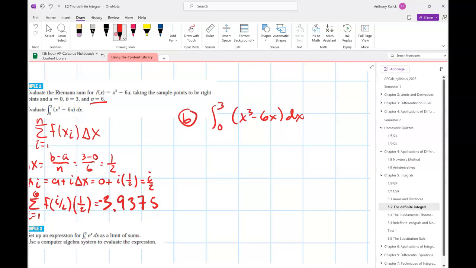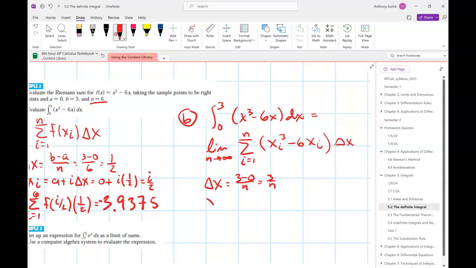So I need to convert this into the limit as n goes to infinity of the sum from i equals 1 to n of our function with xi plugged into it times delta x, right? Now I know delta x is equal to b minus a over n, and xi is equal to a plus delta x times i.